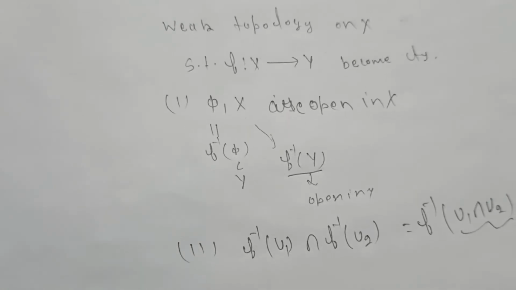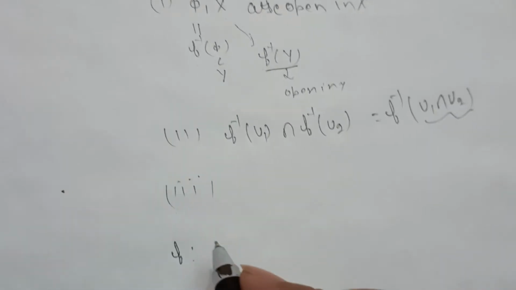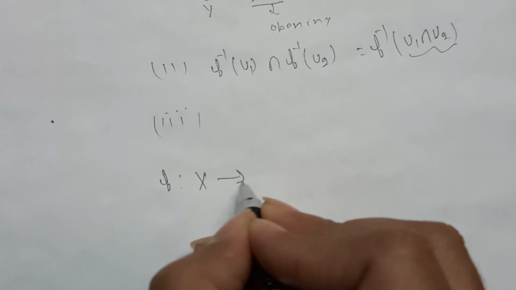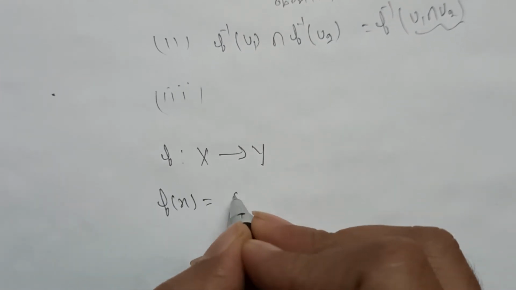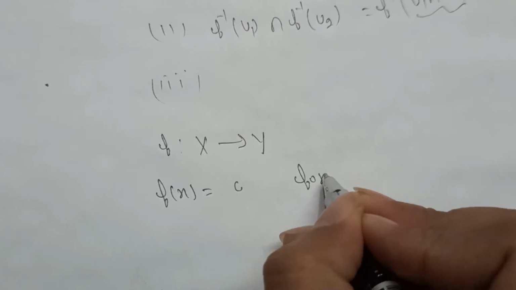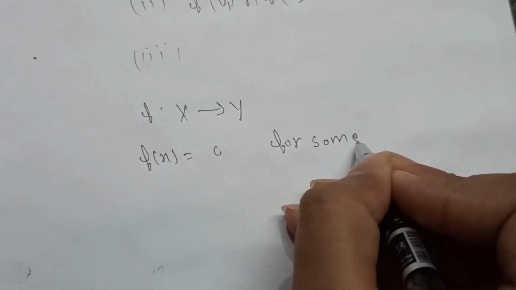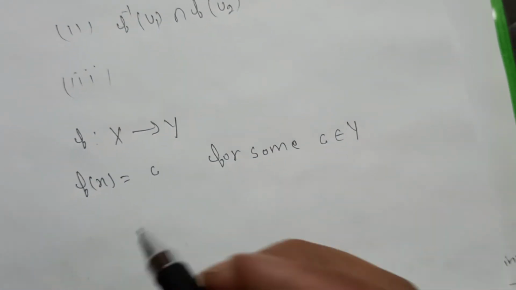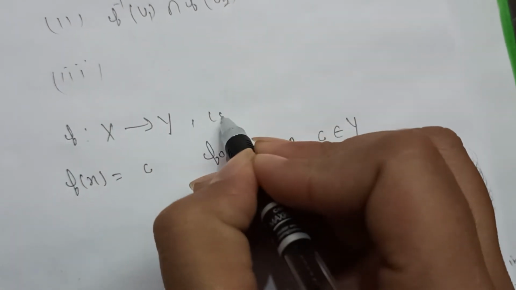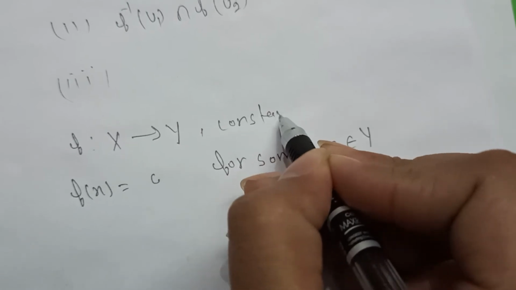Take f from X to Y and define f(x) equal to c for some c belonging to capital Y. That is basically a constant map.